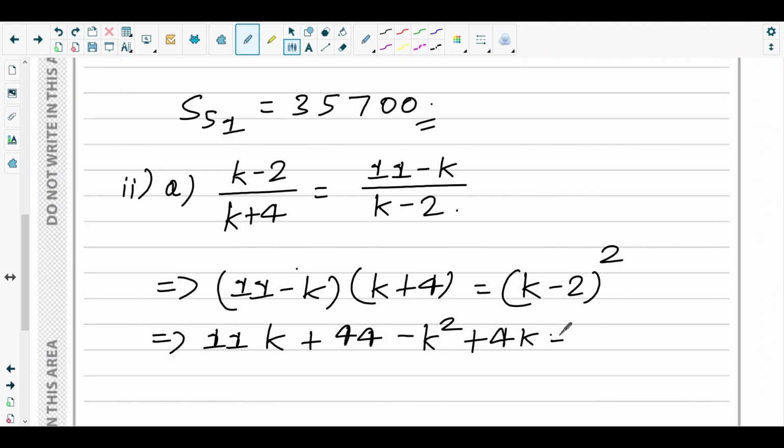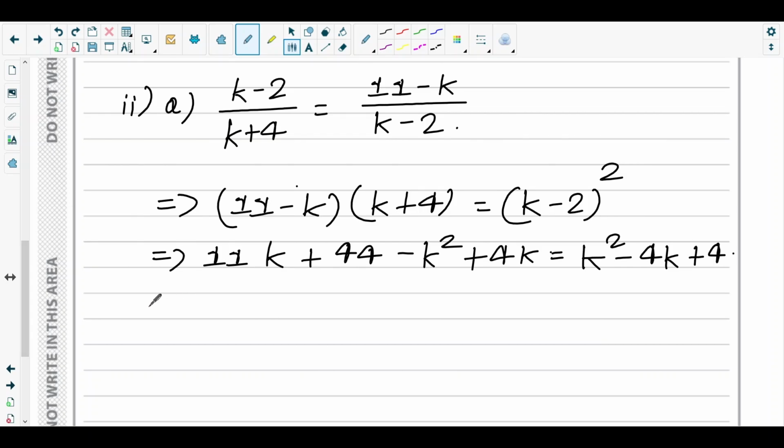Now expand the quadratic expression, which is k squared minus 4k plus 4, that is a squared minus 2ab plus b squared, just the formula.